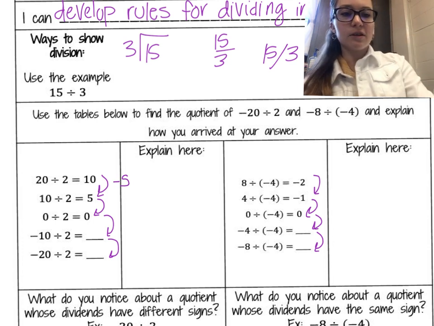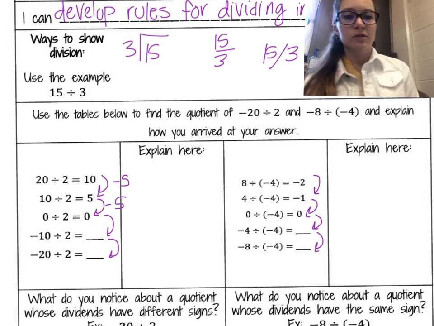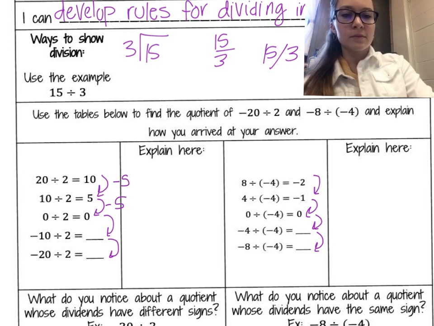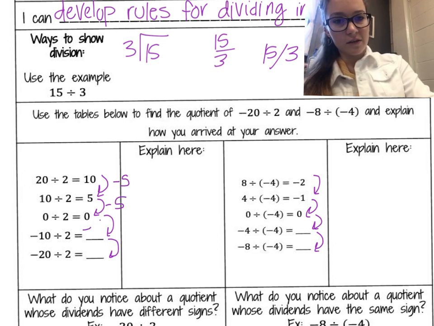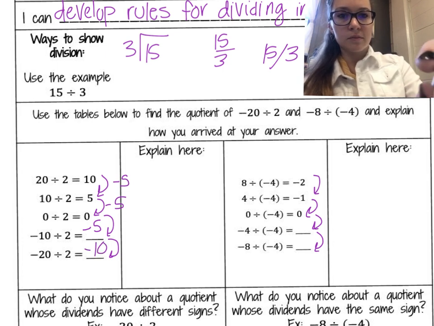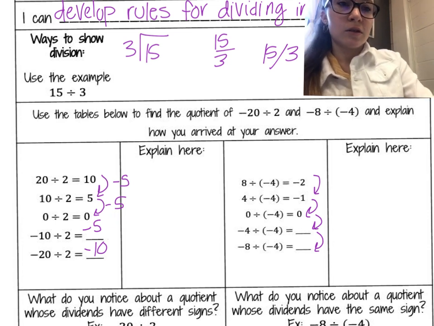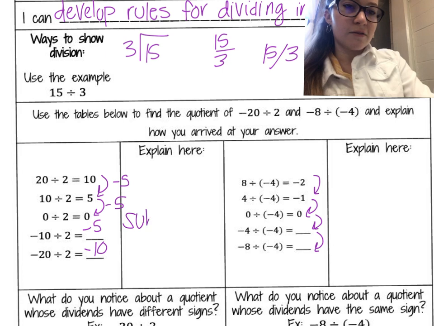From 5 to 0, we're subtracting 5. So I'm subtracting 5 each time. So then 0 minus 5 is negative 5. Negative 5 minus 5 is negative 10. Okay, and how we got there was we subtracted 5 each time.